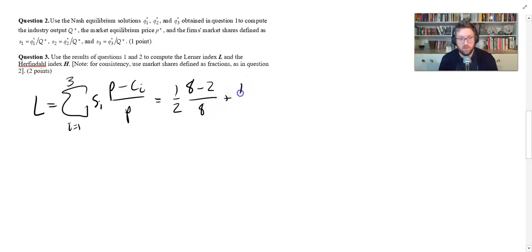Firm 2 has 1/3 of the market. Same price of 8, but a cost of 4. And firm 3 has 1/6 of the market, and cost is 6. So we have to basically do this math now.